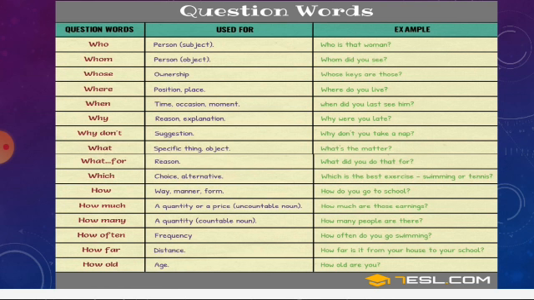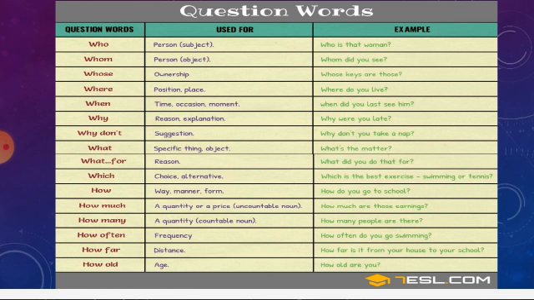Okay. Next question word there is what. What refers to a specific thing or object. What is the matter? What do birds do using their wings? Okay.